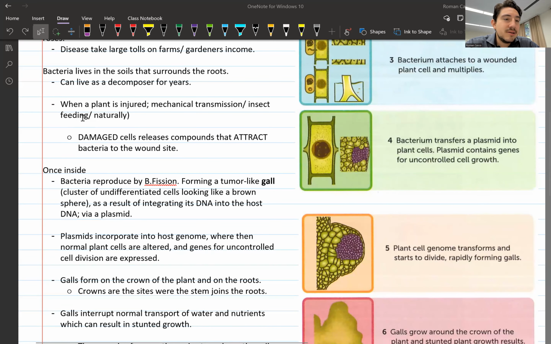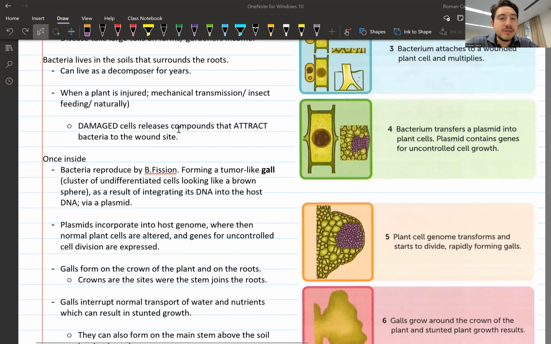The bacteria can sense that a plant is injured, because whenever a plant does get injured, the body tends to send chemical signals to the outside, which of course diffuse out. The bacteria can pick up these signals and then grow towards that host. So one way or another, the plant needs to get injured for an infection to occur. Damaged cells release compounds that attract bacteria to the wound site.